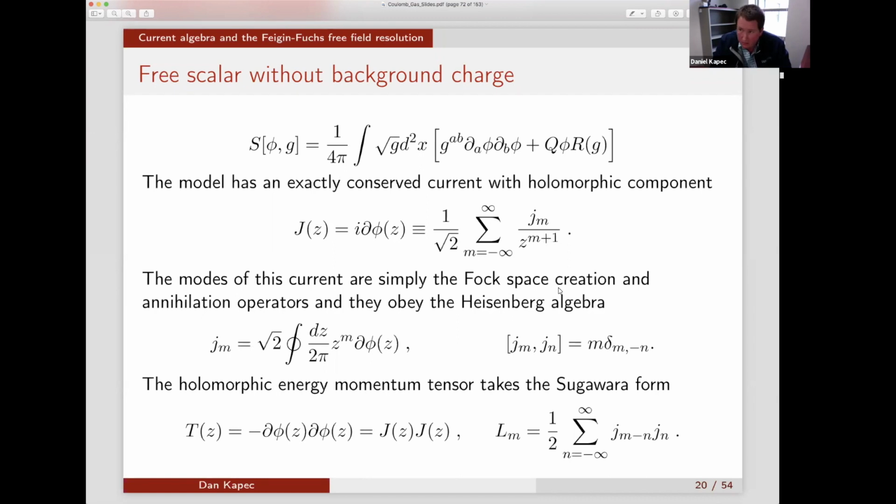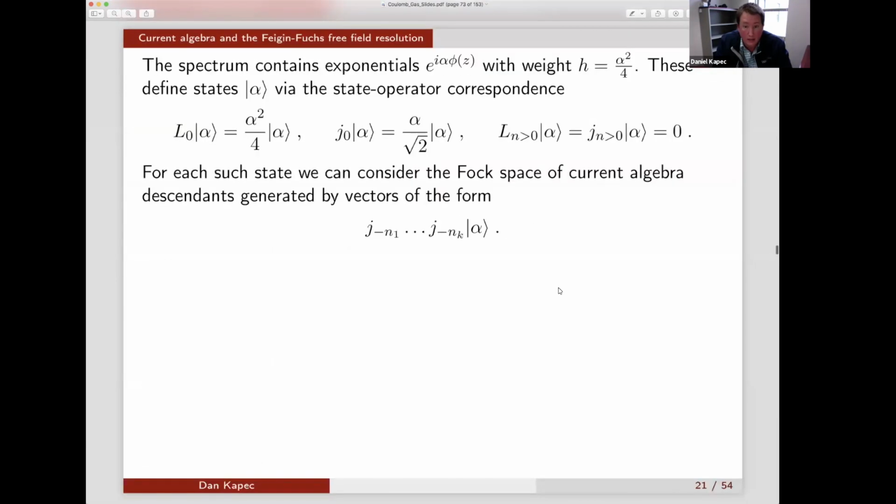The energy momentum tensor is just the square of the U(1) abelian current, which means that the Virasoro generators are quadratic in the current algebra. So in my conventions, an exponential operator, e to the i alpha phi, will have weight alpha squared over 4.